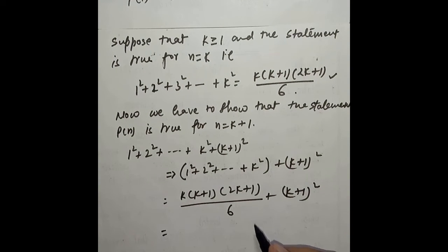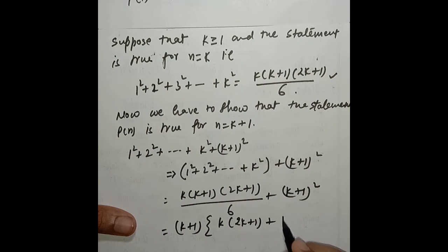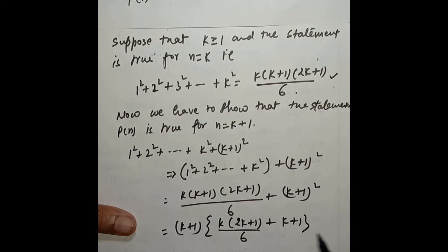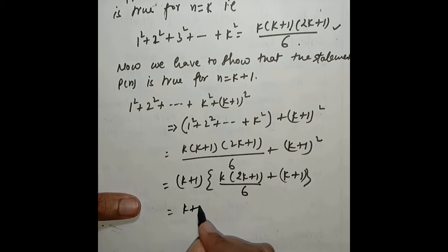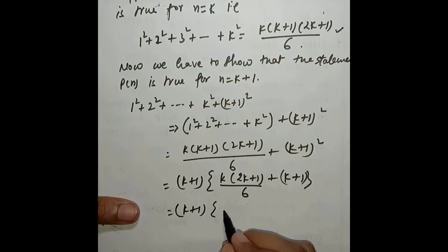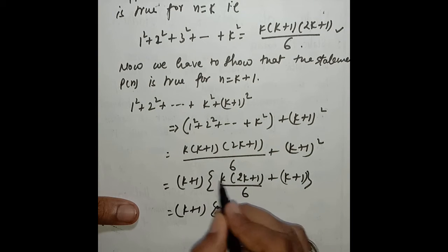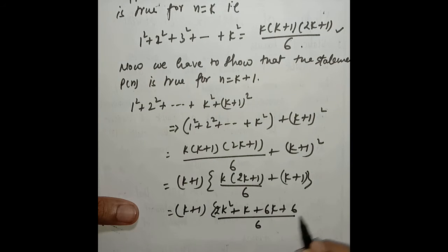If we solve it, k plus 1 into 2k into 2k plus 1 plus k plus 1 over 6. This is equal to k plus 1, 2k square plus k plus 6k plus 6 over 6.